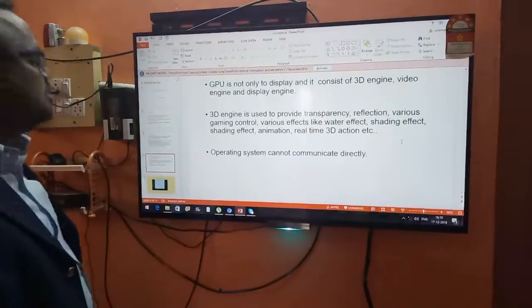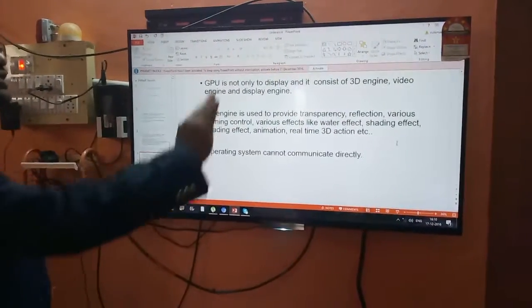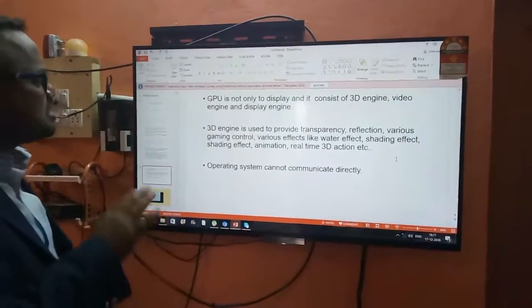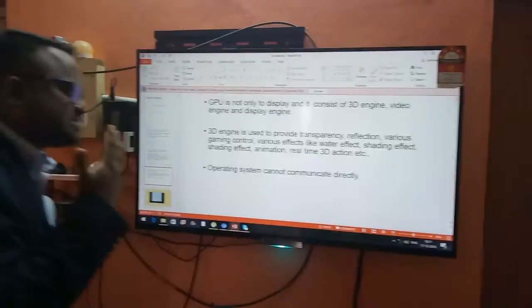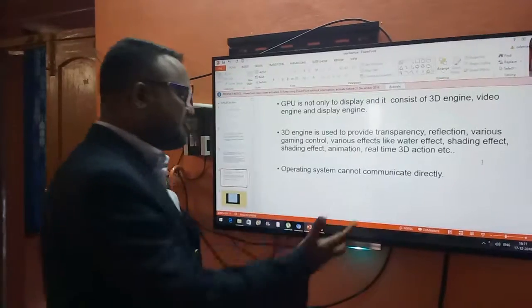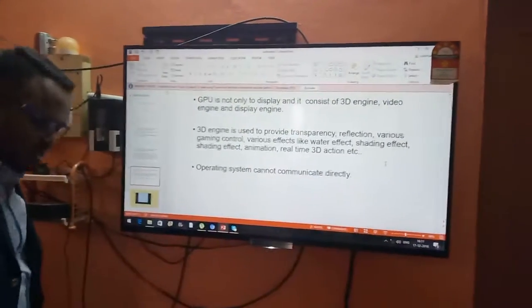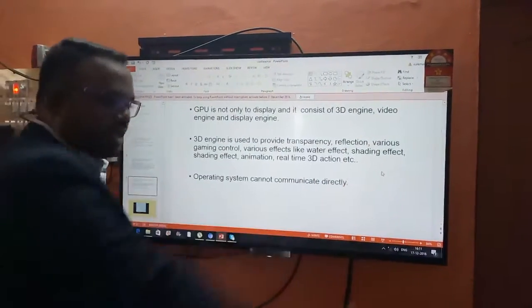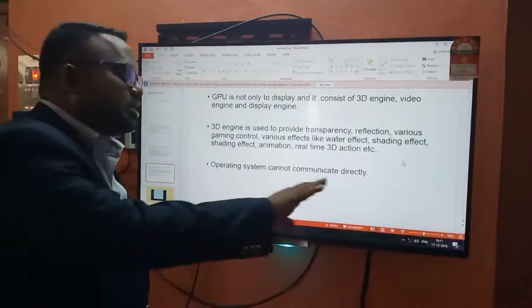The GPU is not only for display. It contains a 3D engine, video engine and display engine. The 3D engine is used to provide transparency, reflection, various gaming controls, and various effects like water effect, shading effect, animation, real-time 3D action, etc. The operating system cannot communicate directly with the hardware.